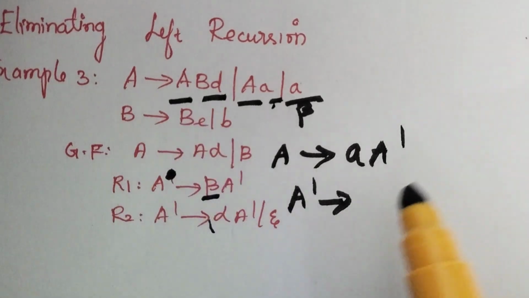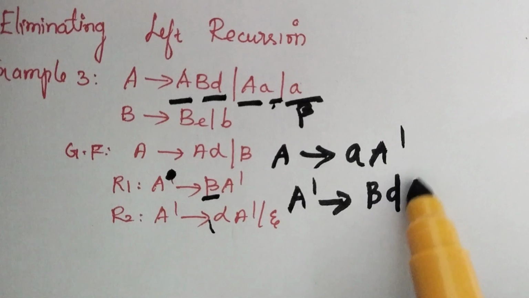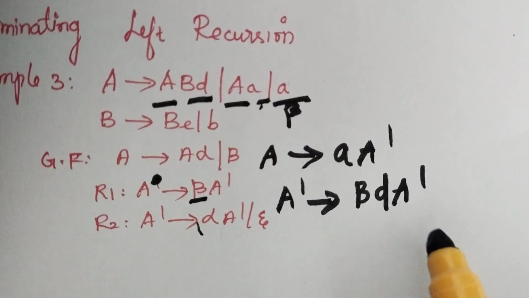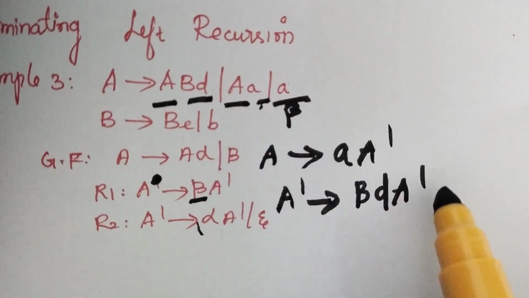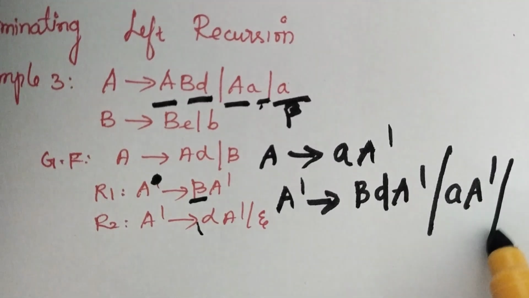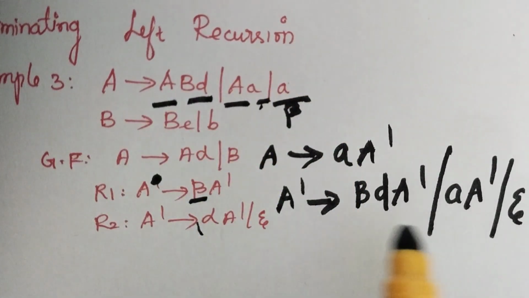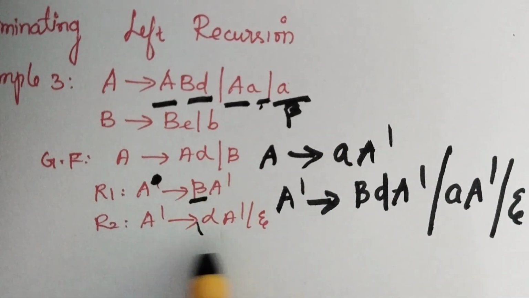So the first alpha is capital B, small d, then write A dash, and another alpha is small a, then write A dash or epsilon. That's it. Even if it is having three productions with left recursion, the same way we have to apply alpha 1, alpha 2, alpha 3, it goes on. Just don't get confused. Understand the rule, then apply it like a formula.